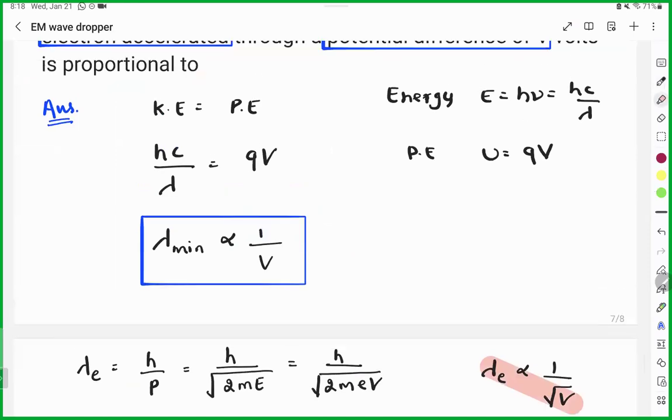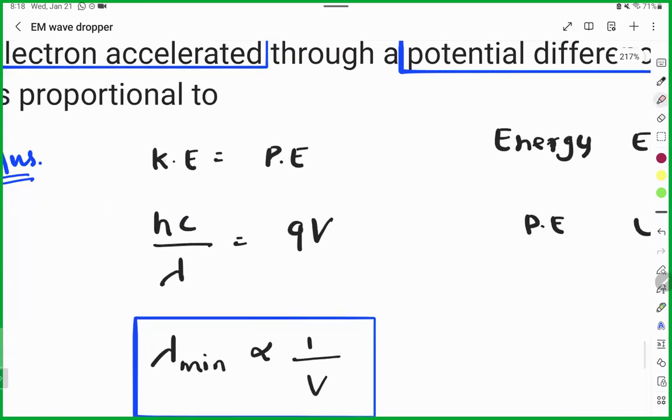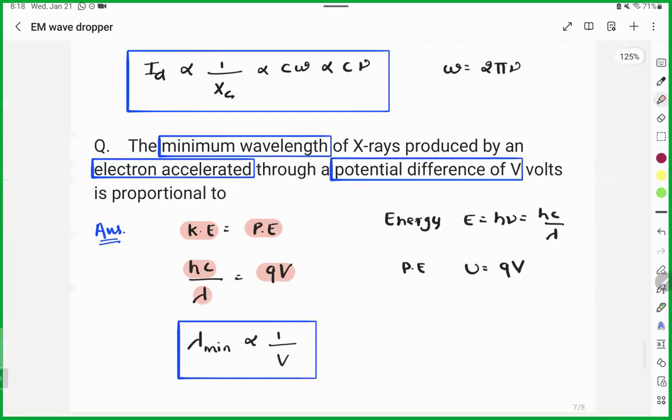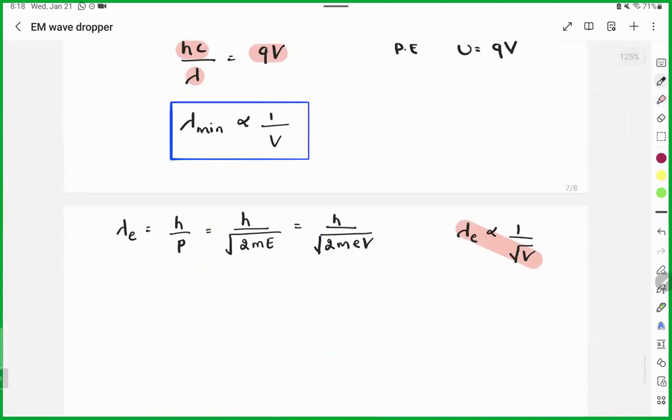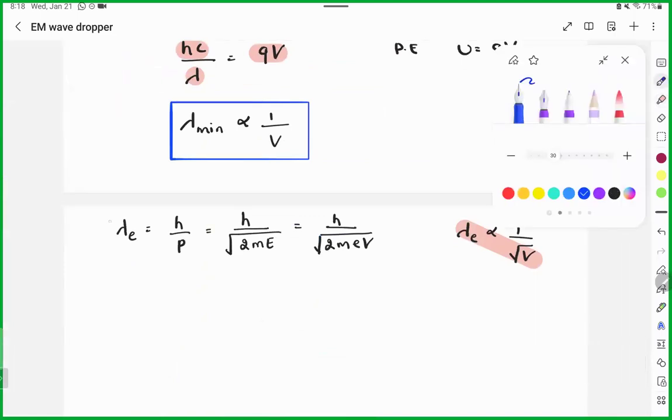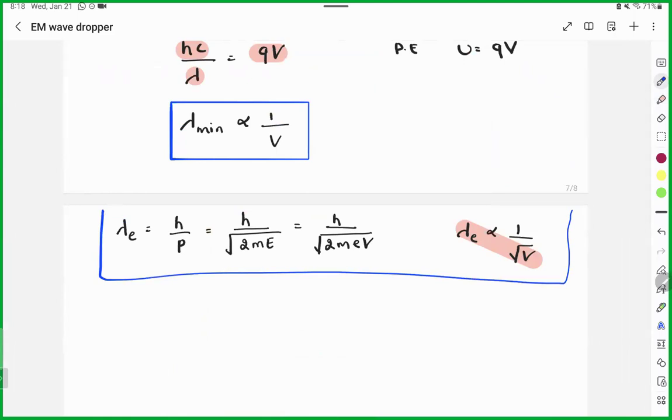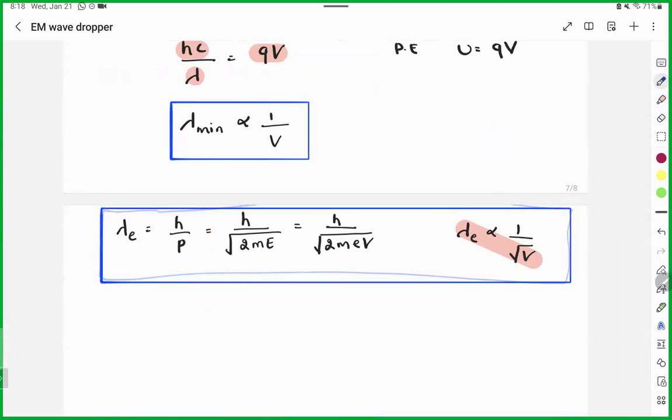And when it is accelerating, your kinetic energy will be equal to the potential energy, because total mechanical energy remains the same. This is the kinetic energy and this is the potential energy. Not this.